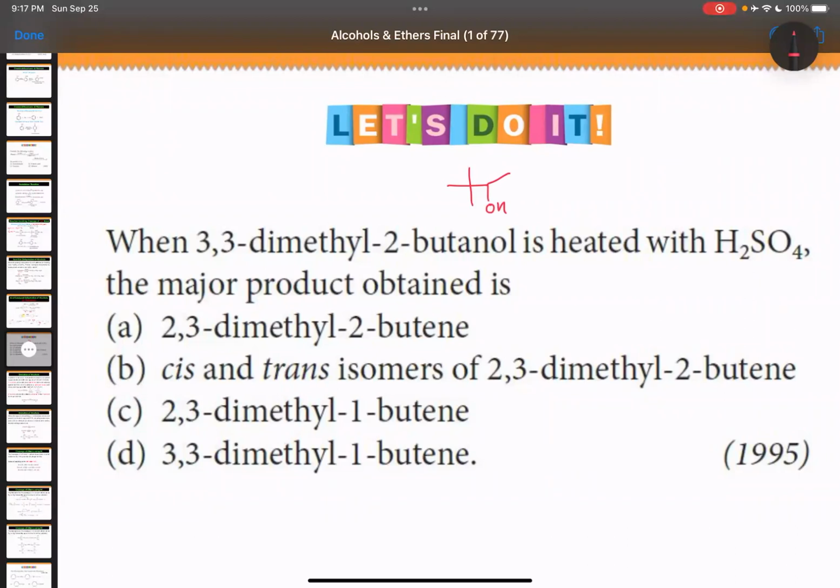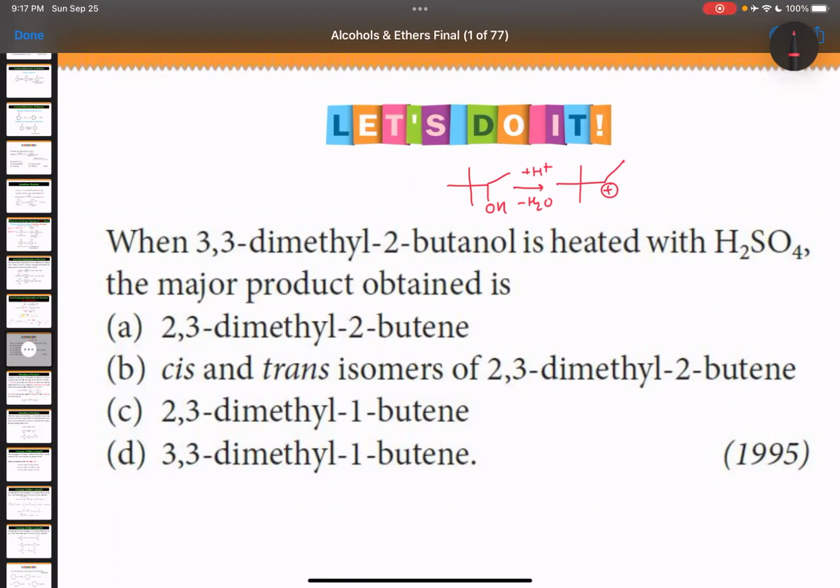Tell me quickly. So the OH is going to get protonated, right? And it is going to come out as water, H+ minus H2O. The cation is going to form.